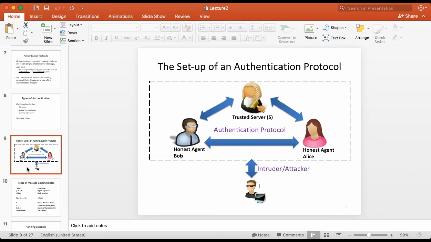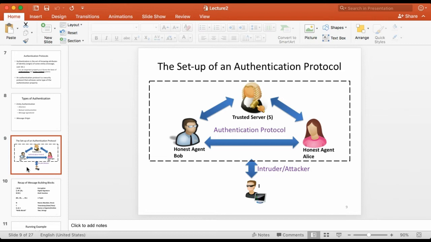Now, let's say we would like to understand what the basic setup is for an authentication protocol. Like in any other protocol, we want to understand who the major players are. In this case, we have four major players in an authentication protocol.